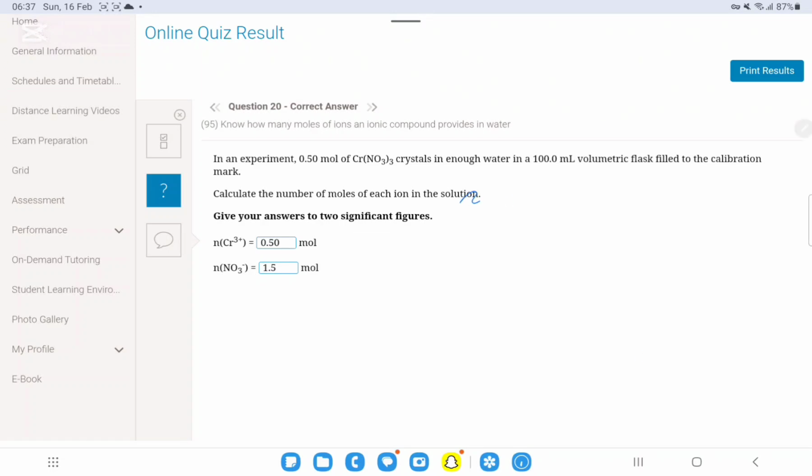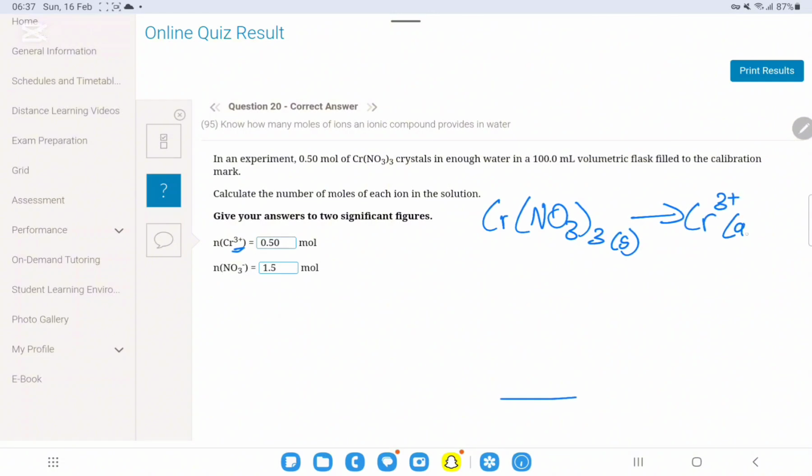First, we write the balanced equation. So Cr(NO3)3, crystal so solid, produces Cr. They already gave it to us, Cr3+ aqueous plus NO3 also aqueous.